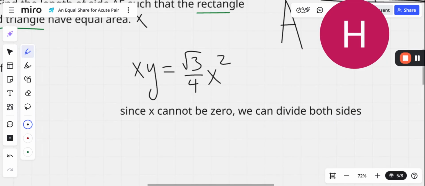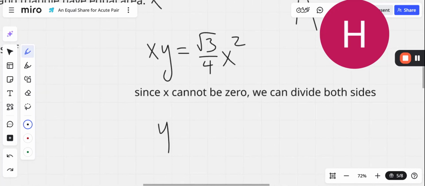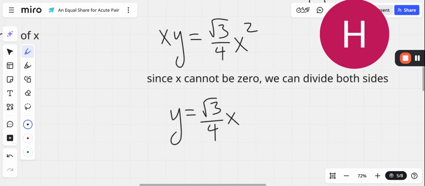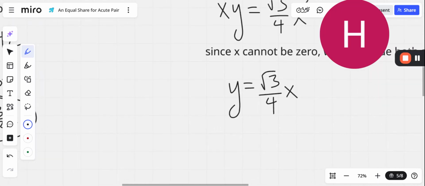But in this case, we know that x cannot be 0, so there's no risk of dividing both sides by x and causing a problem there. We should just say y equals square root of 3 over 4 times x. But at the same time, because of our substitution, we know that 21 minus 3 halves x is the same as y.